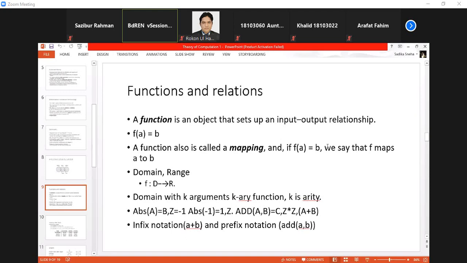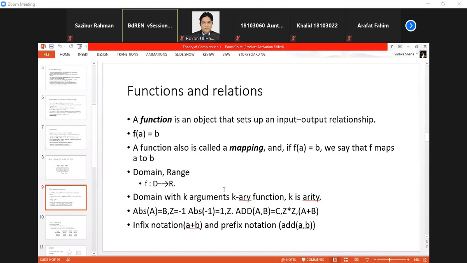So it is known as k-ary function. K is known as arity. When in the domain there is only one possible input, it is known as unary function. When there are two possible arguments for the input, it is known as binary function.